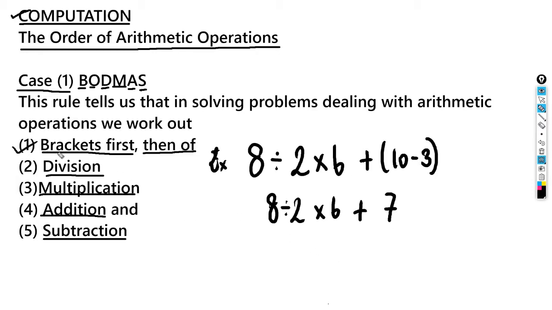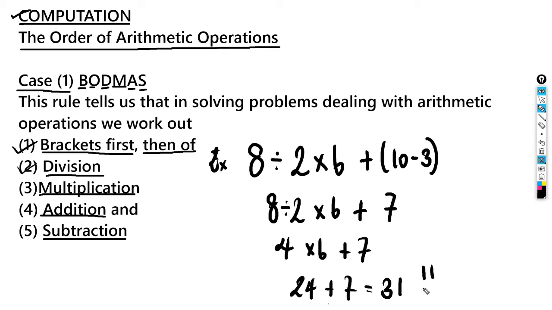The next thing we do is divide. 8 divided by 2 gives us 4, and multiplied by 6 plus 7. Then 4 multiplied by 6 gives us 24 plus 7, which is equal to 31.